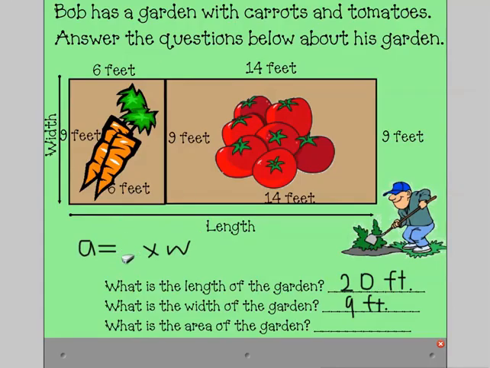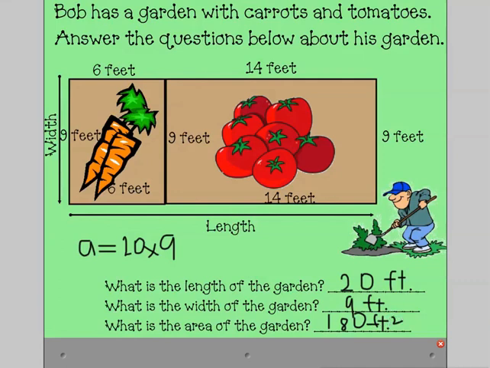I know that length is 20, and I know that width is 9. So the area of his garden is going to be 20 times 9, which is 180 feet squared.